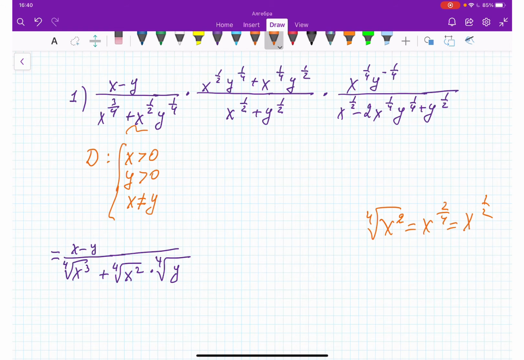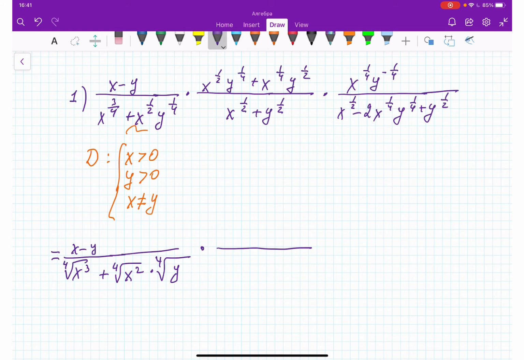I have seen this one and this one, I have radical degree 4. So therefore I wanted this one also to have radical degree 4 to make my life easier to work with them, right? When radicals have different degrees, you can't connect them, you can't do any operations because they don't communicate. Therefore, I did degree 4 of x squared. Next, times, what do we have?